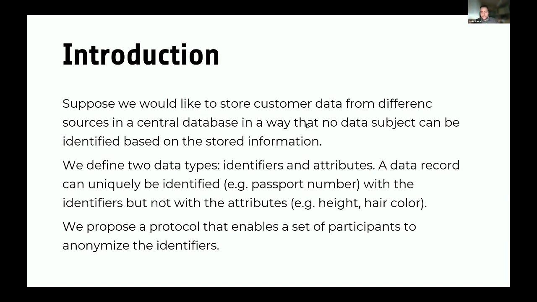Sometimes it's not that easy to tell which is an identifier and which is an attribute, because, for example, the height of the tallest person in the world is a pretty unique identifier. So there are some cases where it's not that clear what we can choose as an identifier and what we can choose as an attribute. But this is our assumption, that we can distinguish between these two types of data.